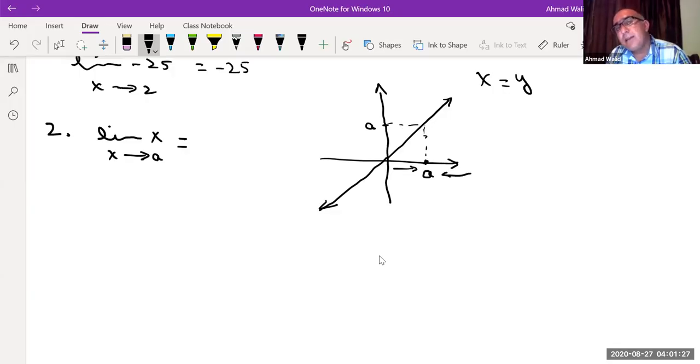It gives you back A. If you approach from this side to A, it gives you back A. Then I can say the limit of x as x approaches A always gives you what? A. For example, the limit of x as x approaches 5. My answer is immediately 5.